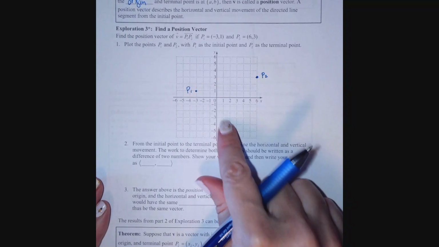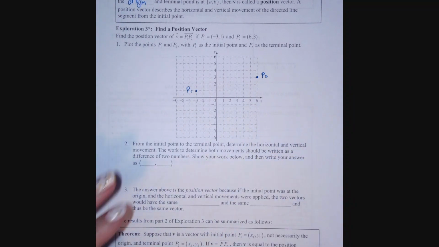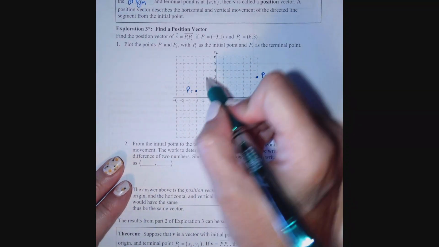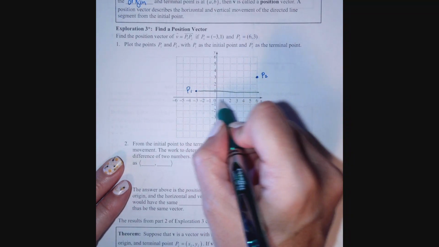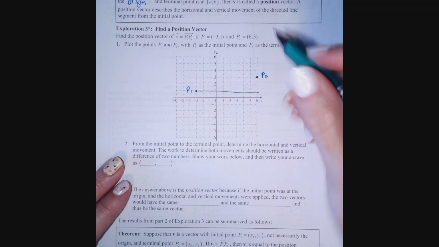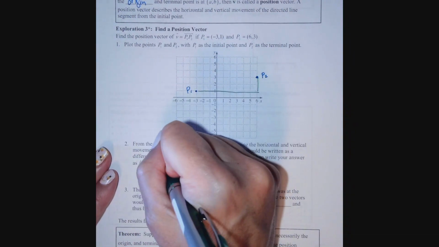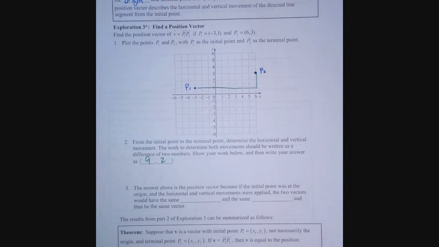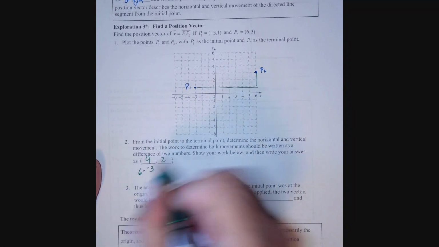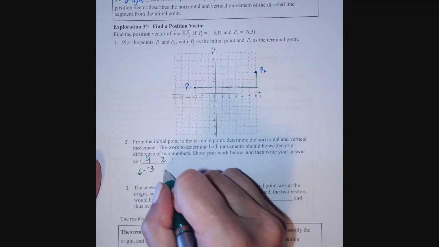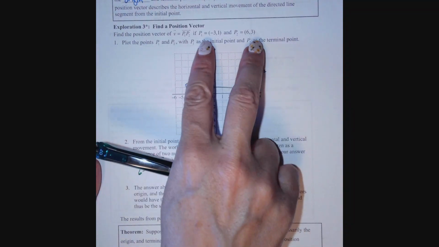Now, from the initial point to the terminal point, determine the horizontal and vertical movement. So to get from here to there, I would go horizontally 9 units and vertically 2 units, because I had 6 minus negative 3 on the x-axis, and 3 minus 1 on the y-axis, if I'm looking at the coordinates.